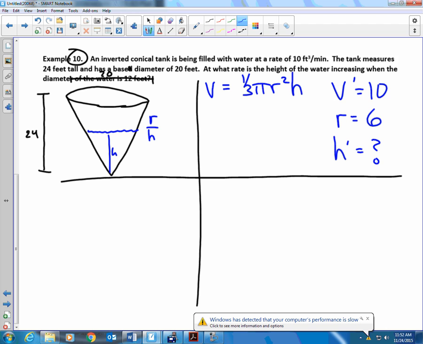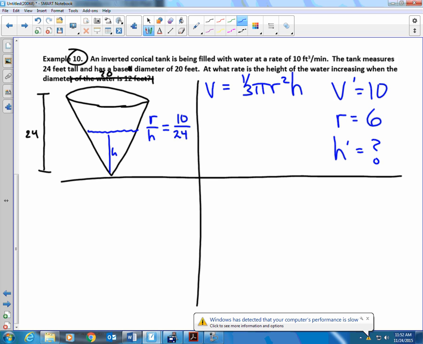What is the current radius of the cone? 10. Of the cone, not of the water. The water is changing. The cone is not. That's the diameter. What's the height? 24. So here's what we're trying to do, folks. This will hopefully make sense to you.